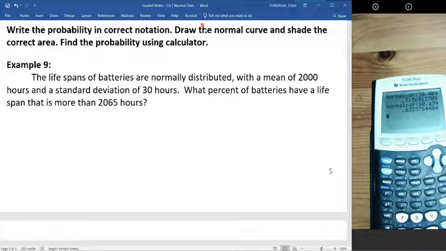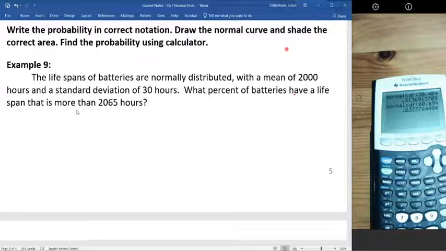The lifespan of batteries are normally distributed with a mean of 2,000 hours and a standard deviation of 30 hours. What percent of batteries have a lifespan that is more than 2,065 hours? So we want to make sure we understand the problem.